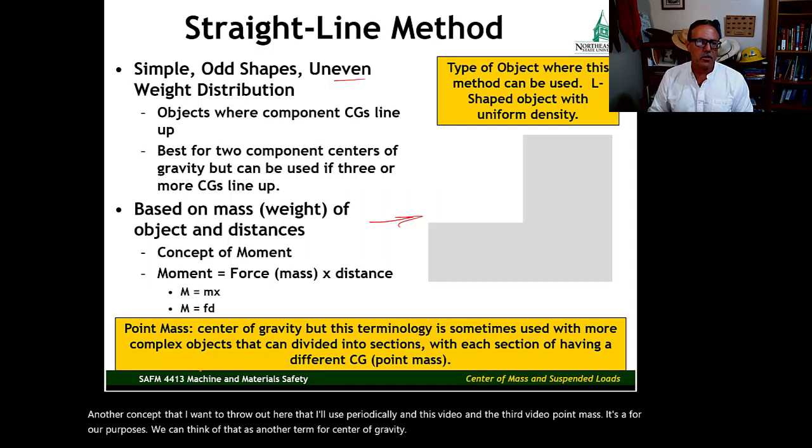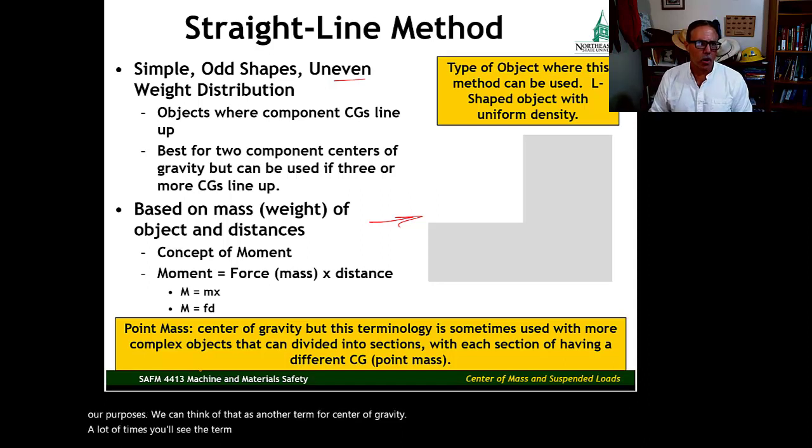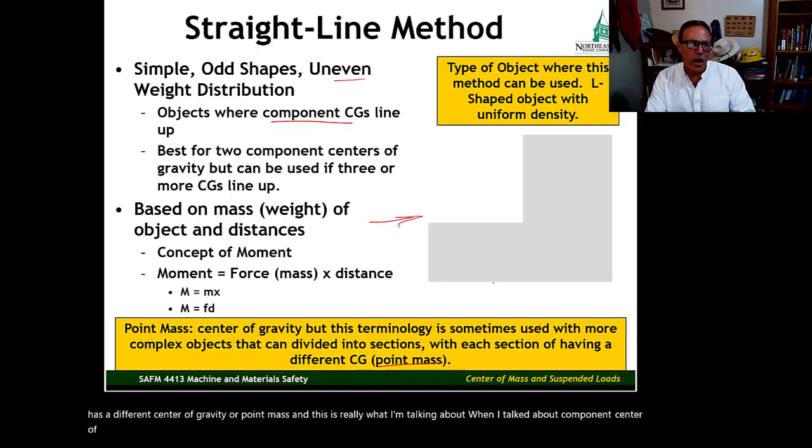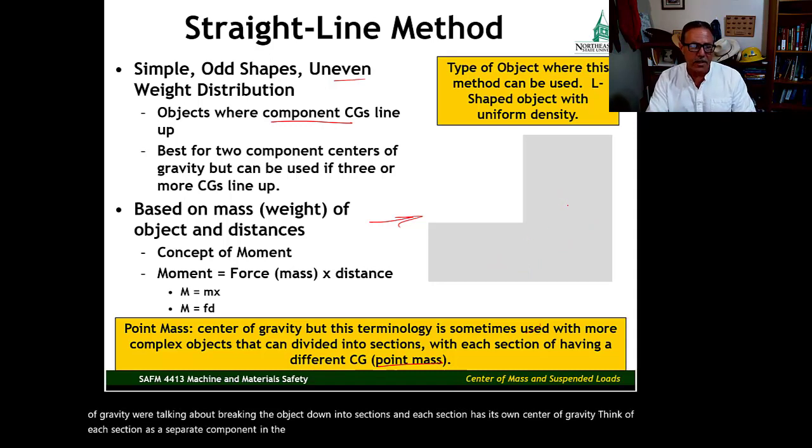A lot of times you'll see the term point mass used with more complex objects that are divided into sections, and each section has a different center of gravity or point mass. This is really what I'm talking about when I talk about component center of gravity. We're breaking the object down into sections, and each section has its own center of gravity. Think of each section as a separate component in the object, with its own point mass or center of gravity.